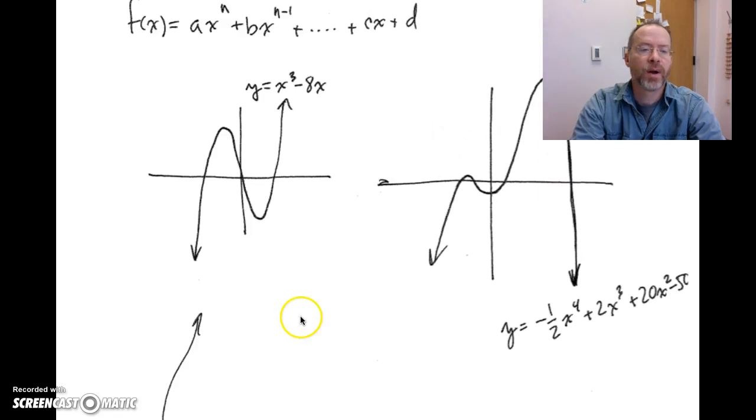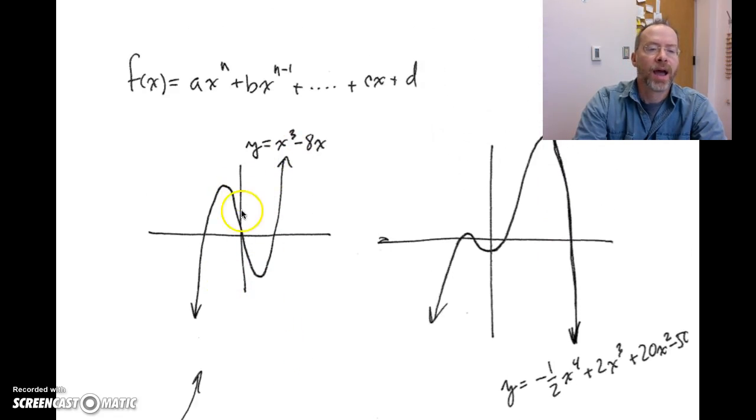That's just a fancy way of saying that the lower tail of the graph, as x gets smaller without bounds, so I'm easing my way out the x-axis, as we look at x's smaller and smaller, heading for negative infinity, the y-coordinates go down without bound.